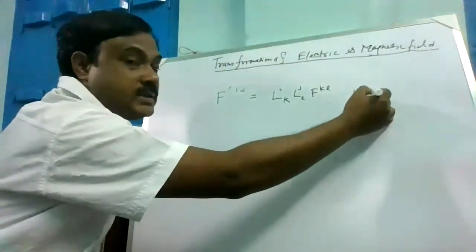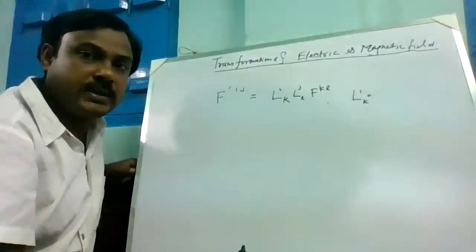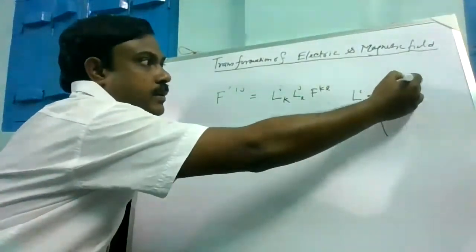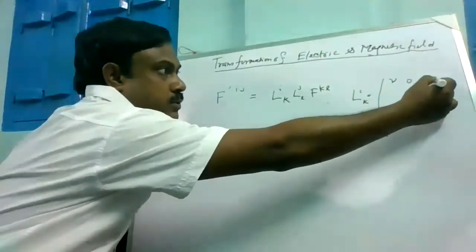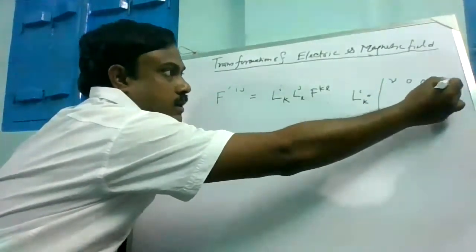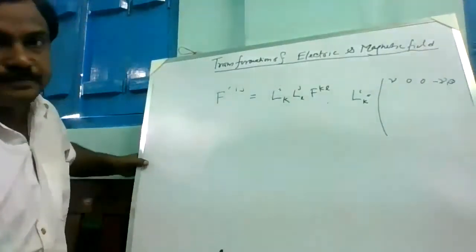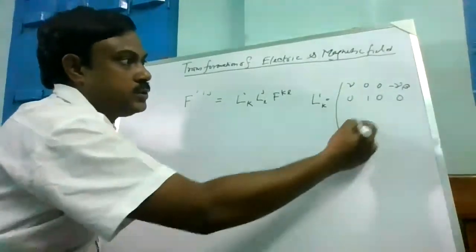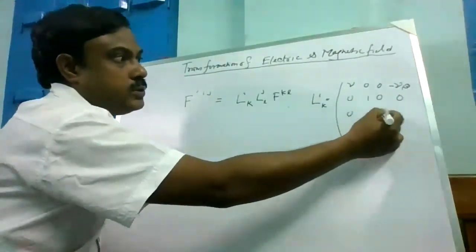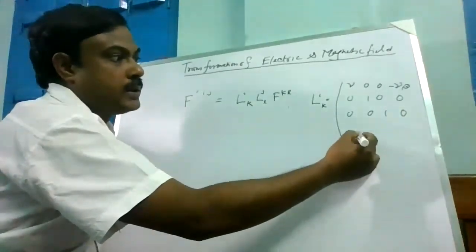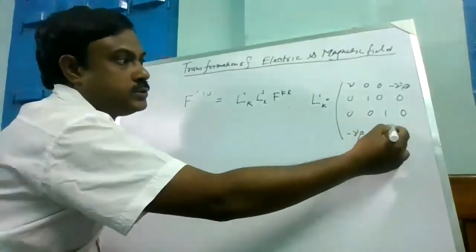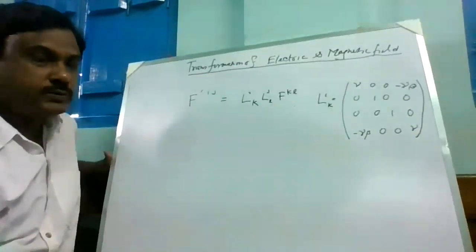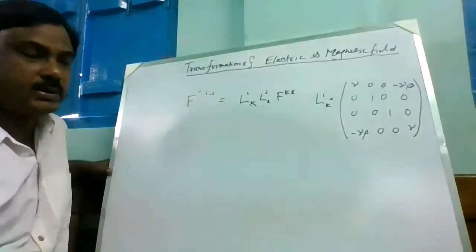It is a symmetric tensor, so it is the same if you change the indices: gamma 0 0 minus gamma beta, 0 1 0 0, 0 0 1 0, minus gamma beta 0 0 gamma. So this is the Lorentz transformation matrix.